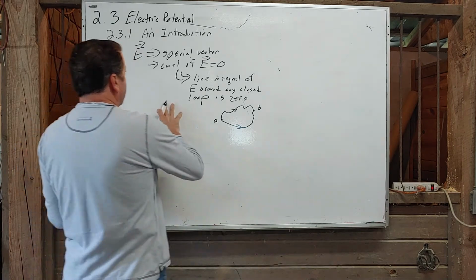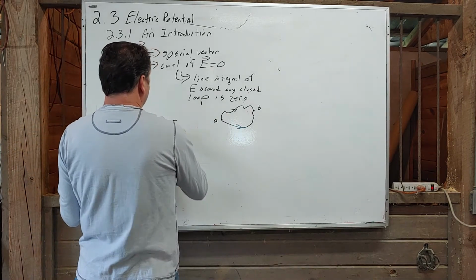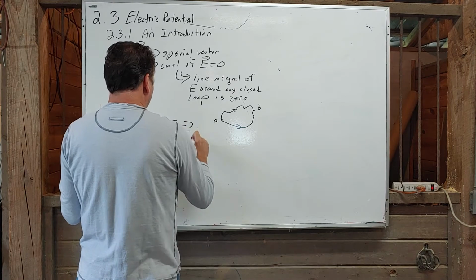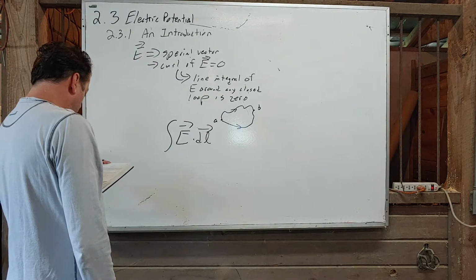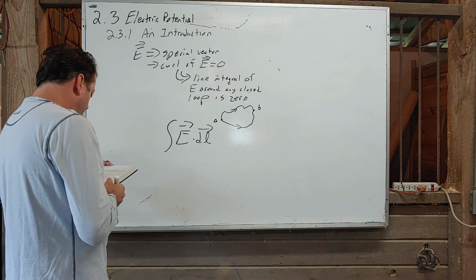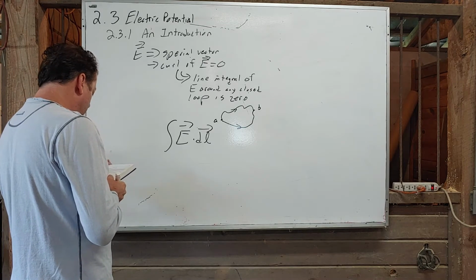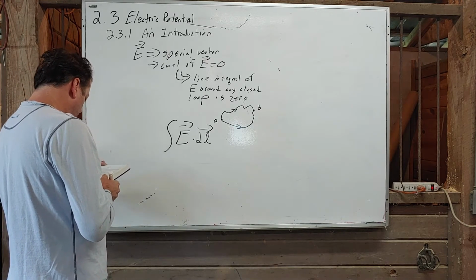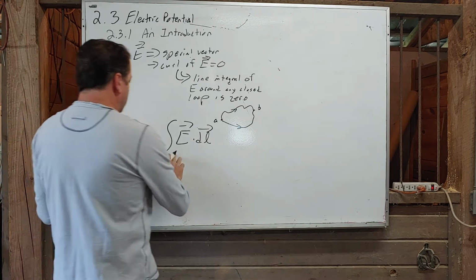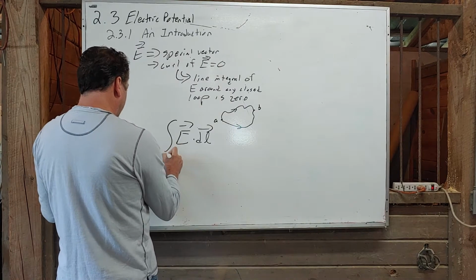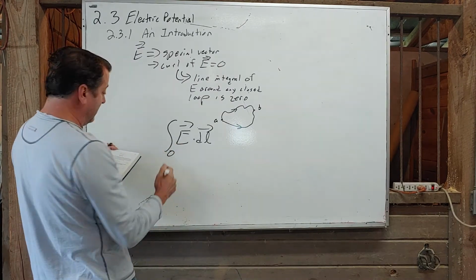So what they say is, let's take this electric field and integrate it over this path, over some dl, and they put an O here, and I don't like that.